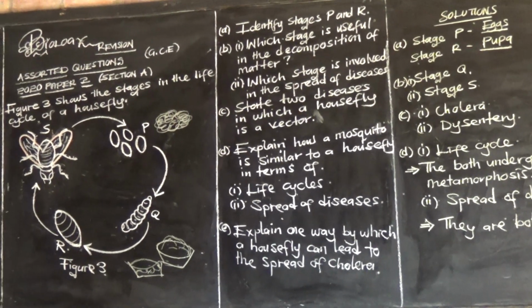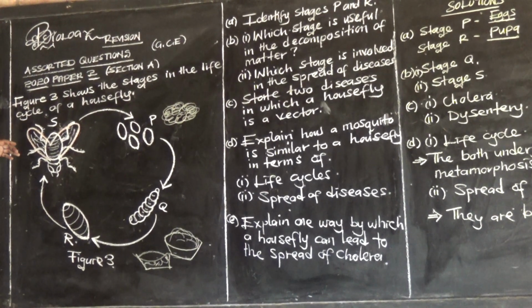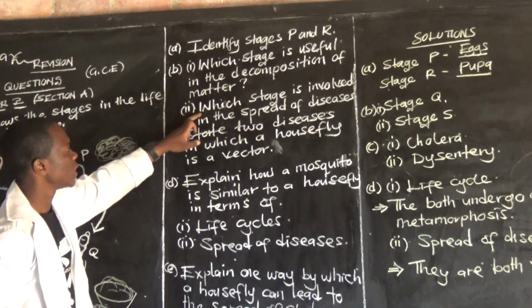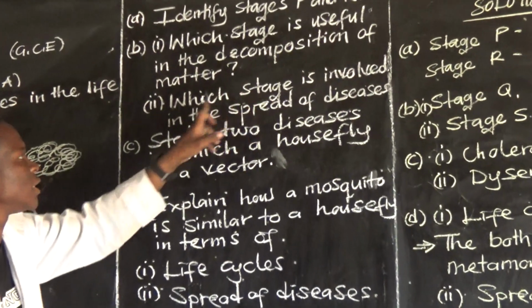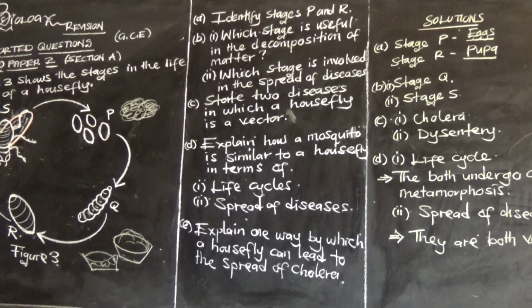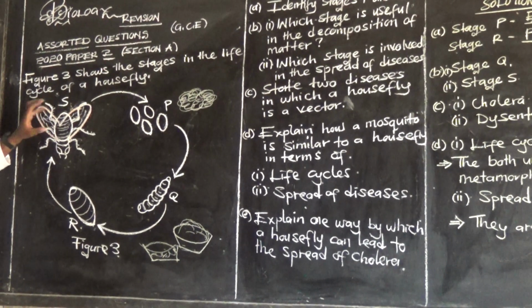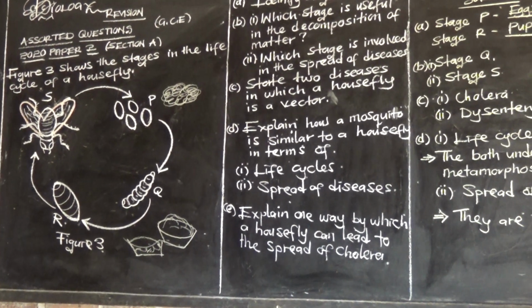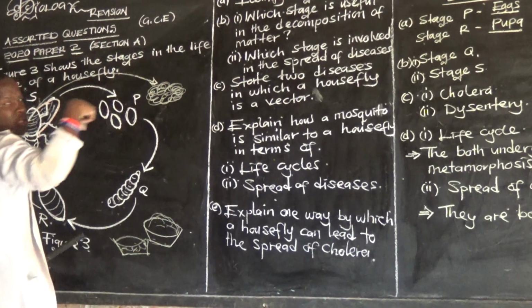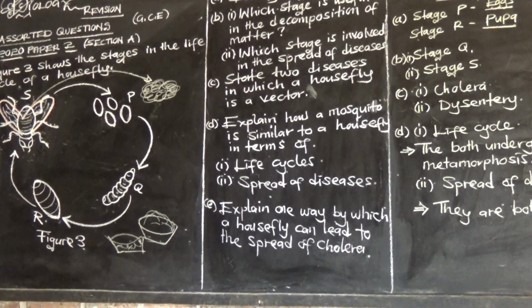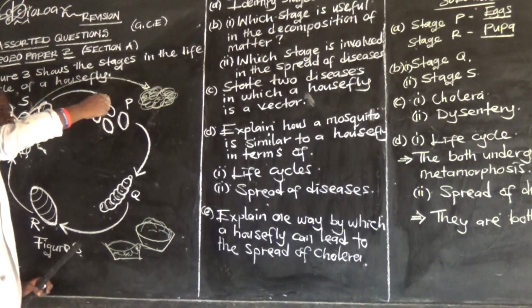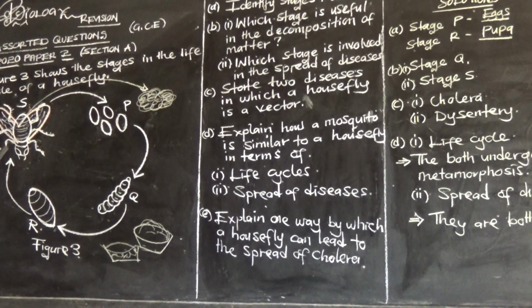Remember, in question 9, which stage is involved in the spread of diseases? We said stage S, the adult housefly. So if this adult housefly flies and sits on contaminated stew, maybe to lay eggs, the pathogens are going to stick to its legs.